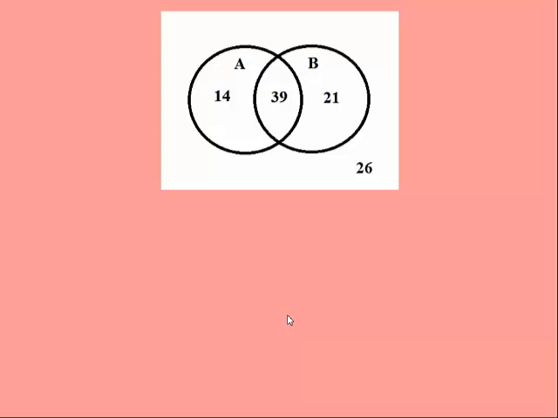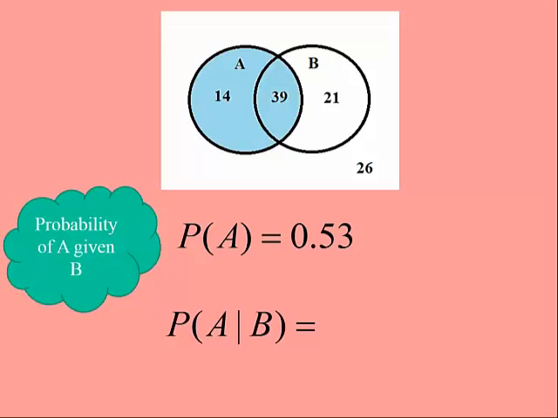Look at this, a Venn diagram illustrating 2 sets. We want to know the probability of A, and the probability of A given B. So if we know that it is in B, so if we're given B, the number of things in B would be 39 and 21, or 60.